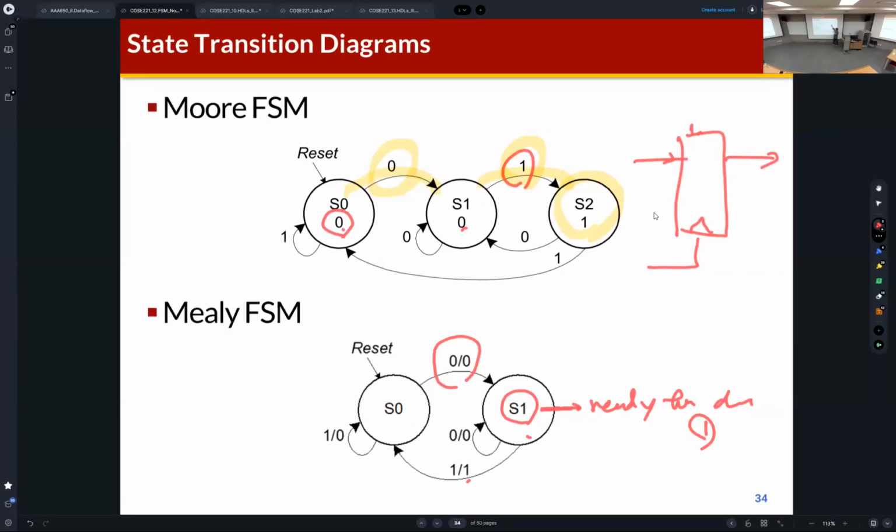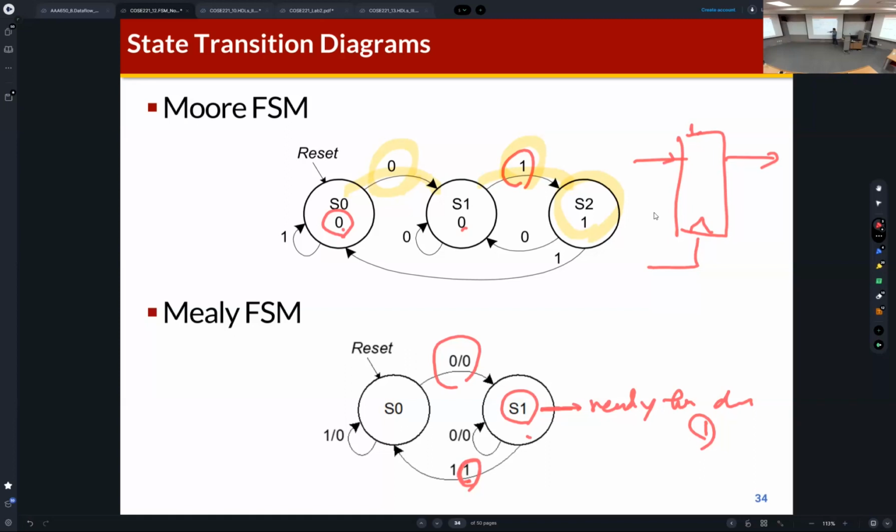That is the Moore FSM. But in the Mealy FSM, the output becomes 1 when the input becomes 1. You understand?